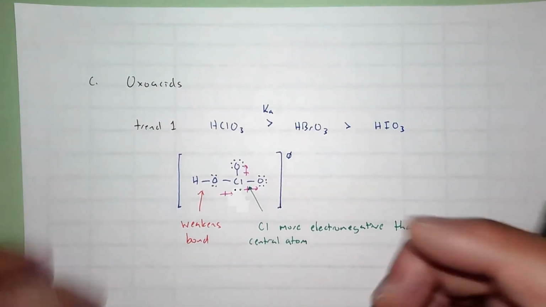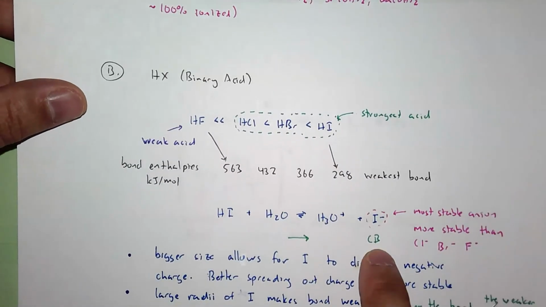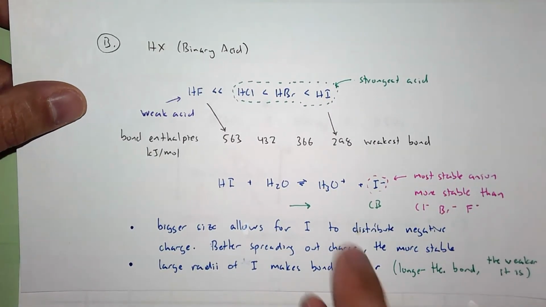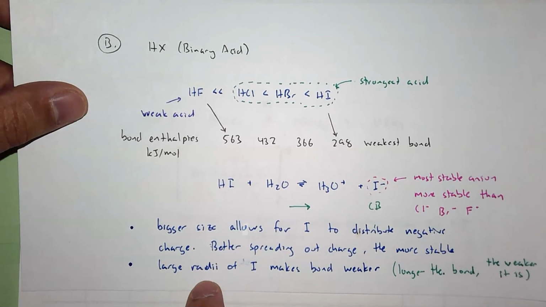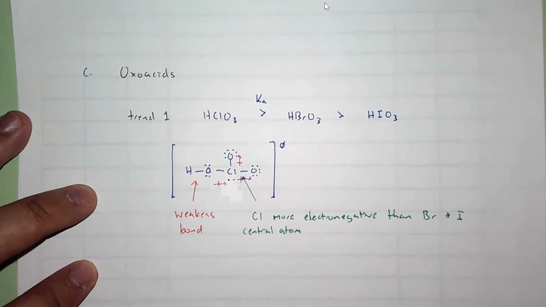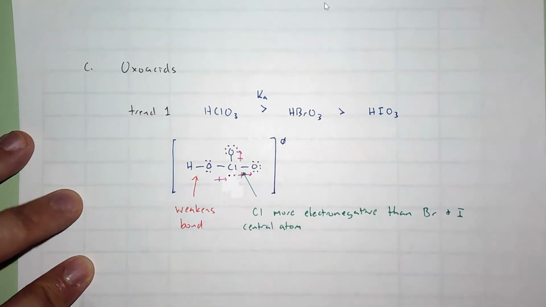That's because we're not looking at the charge of that atom. This was again based on the charge and the stability of the conjugate base. And the size also, which makes the radii or the bond longer. Well, we're not looking at this bond. We're looking at this bond. We're going to depend on the electronegativity. So that's trend 1.